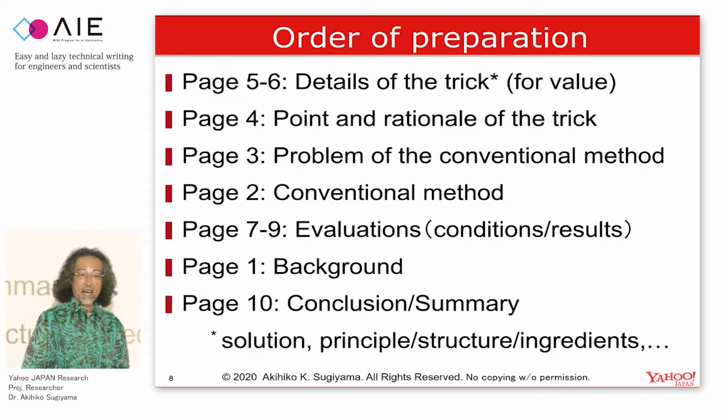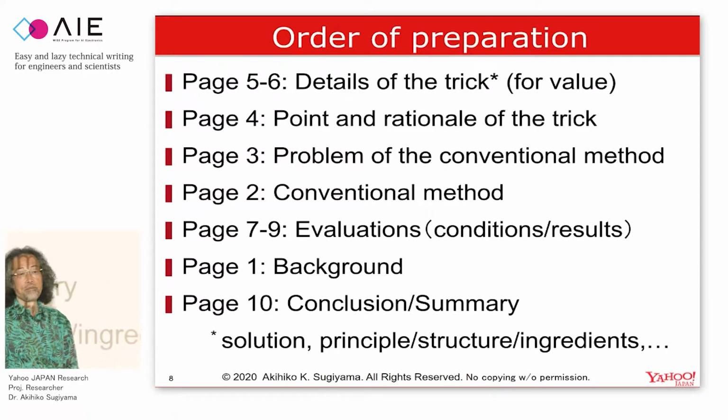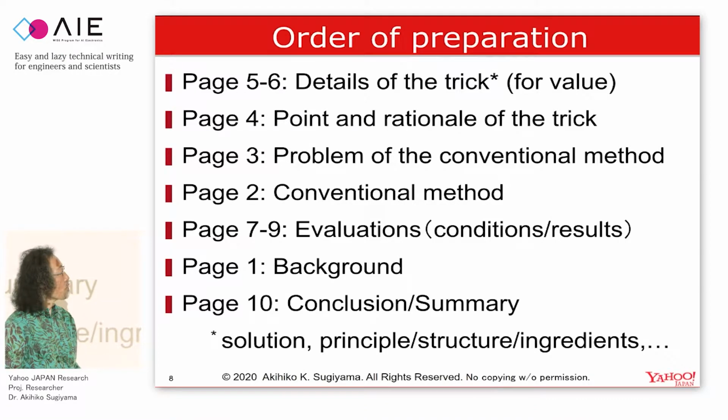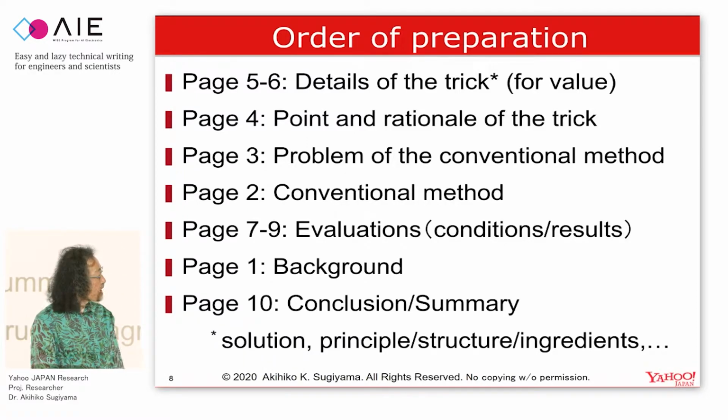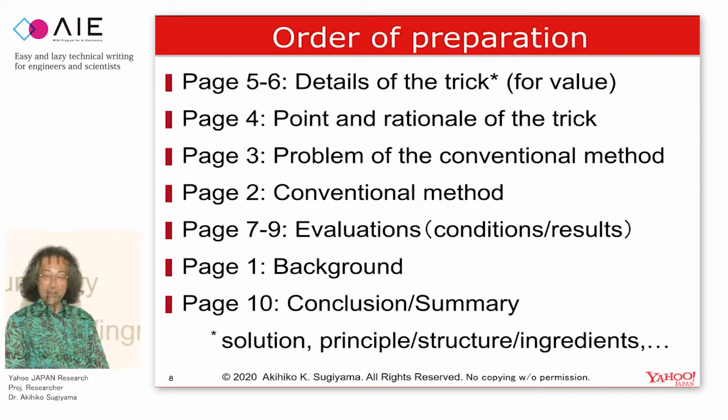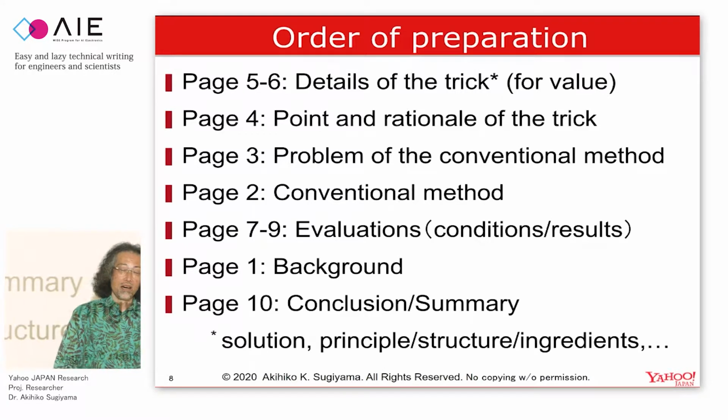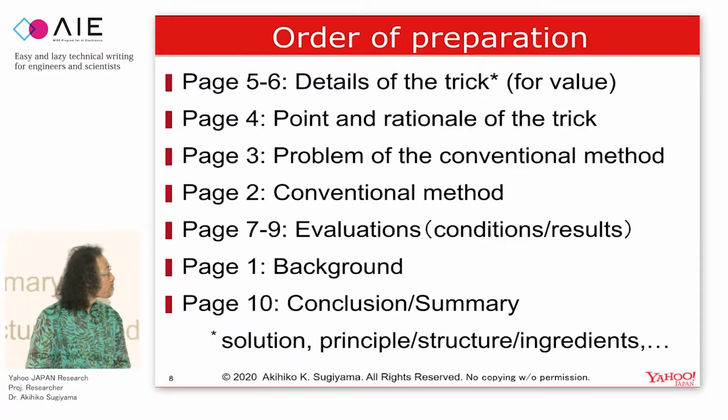What is the value? I'm going to go into details about these two words. And page 4 follows pages 5 to 6: the point and rationale of the trick. The trick is actually what you are going to propose in your paper.